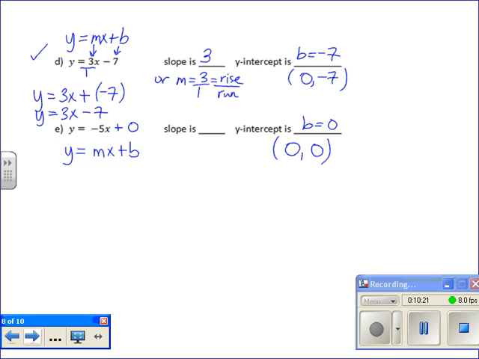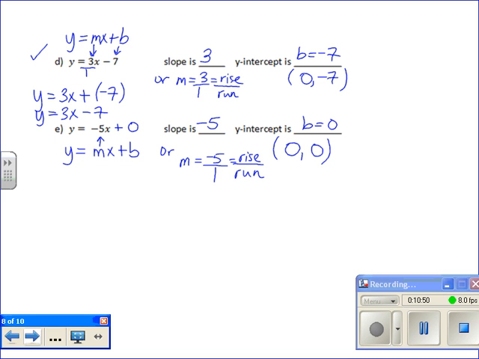What's the slope? The slope is -5, or -5 over 1. The -5 is my rise. This line is going downhill. There's a negative slope, and the run would be 1. So it's a constant change of -5 for y and +1 for x.